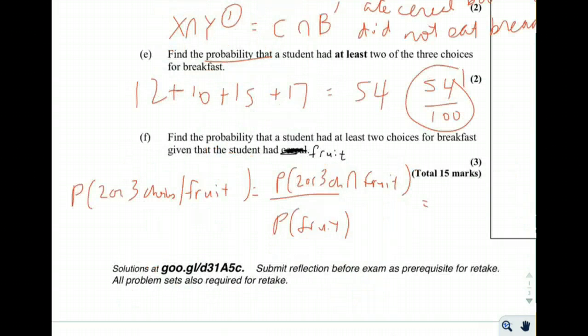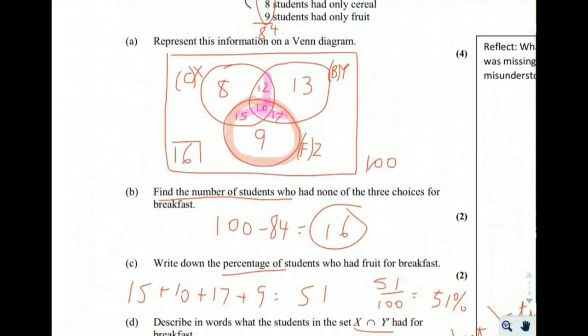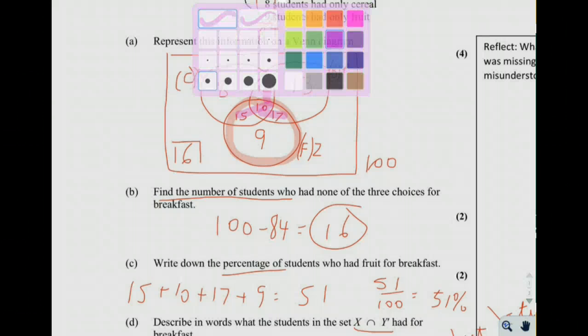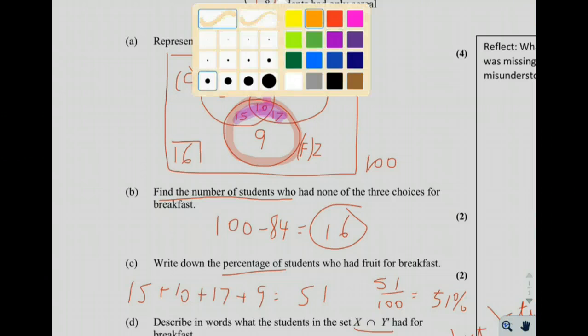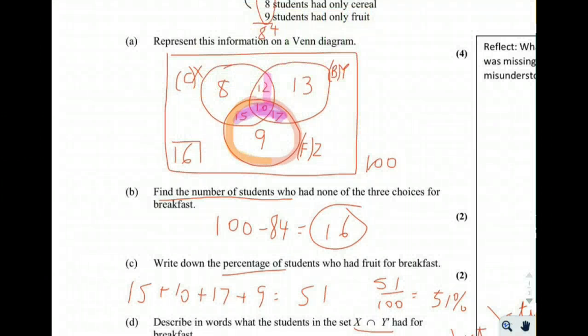Okay. So now find the probability that the student had at least 2 choices for breakfast given that the student had fruit. So if we look at the diagram here, we're talking about him having one of these 3 given that he was in this circle.